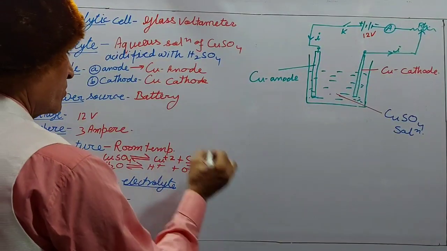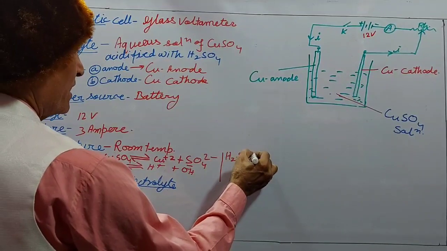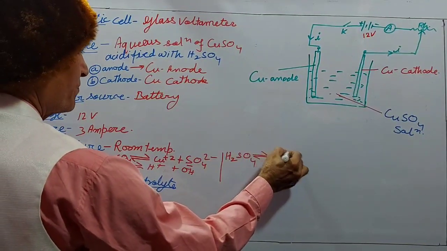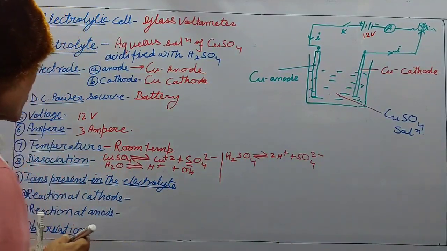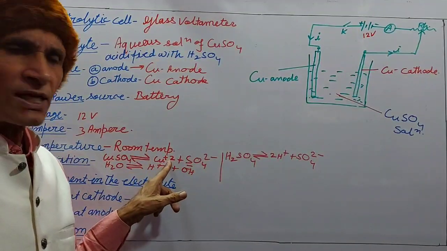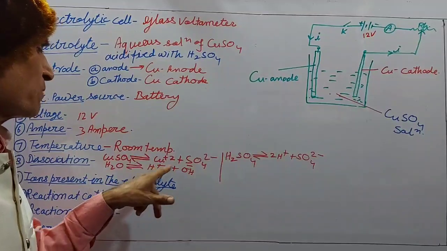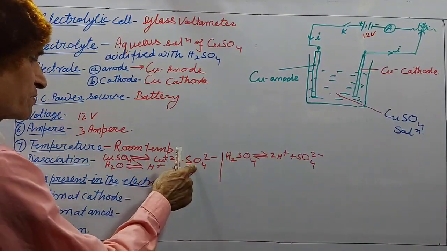Another thing: sulfuric acid is also added, and it will split into H plus and SO4 2 minus ions. Copper sulfate on dissociation produces copper ions and sulfate ions. Water produces H plus and OH minus ions.